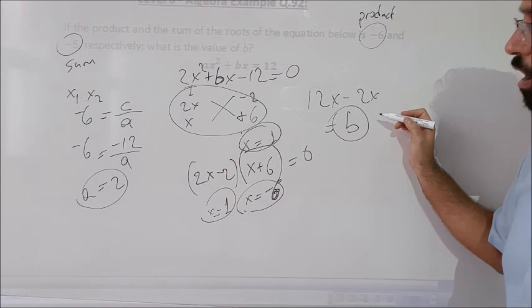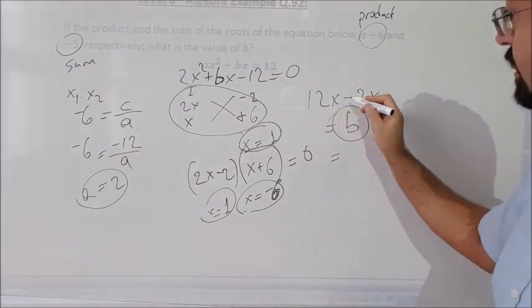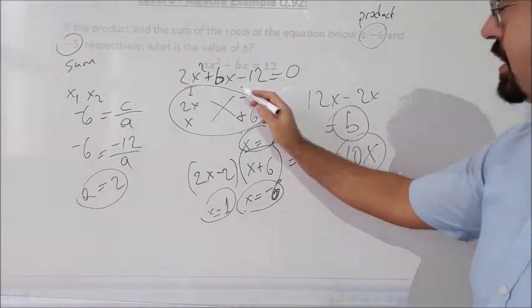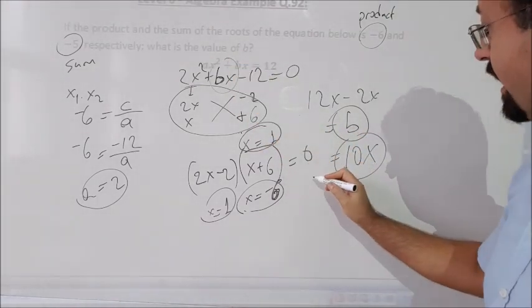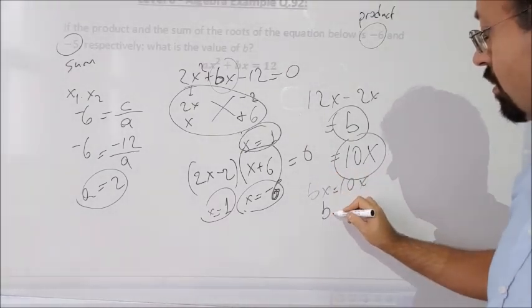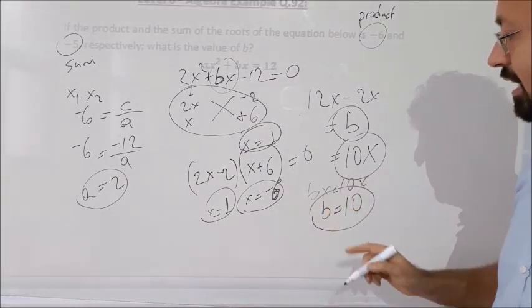This is going to give our b value, and 12x minus 2x is 10x. You see, our bx is 10x. And you can easily extract the b value here, which is 10.